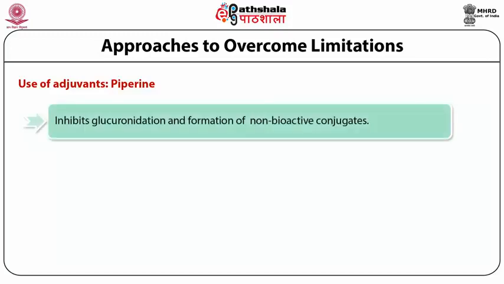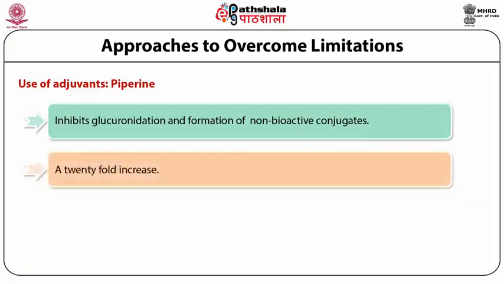It inhibits glucuronidation and the formation of non-bioactive conjugates. That means the conjugation processes that we had studied in the previous module, that is glucuronidation and sulfonation, are inhibited. Reports have also shown that there is a 20 times increase in the bioavailability of certain nutraceuticals when used in combination with piperine.